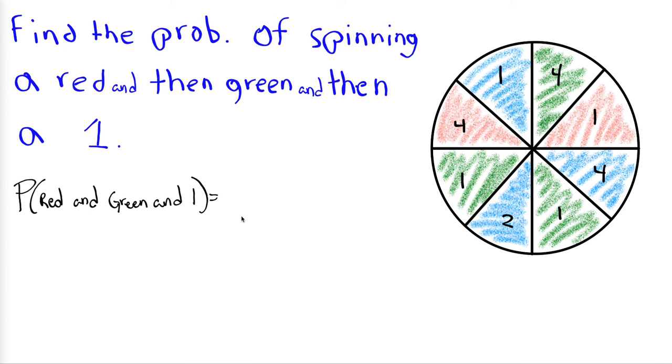Basically, everything is just kind of reset each time. Thank you. If you spun the spinner and then removed certain answers, then that would affect the next spin, and so that would be dependent for this situation. Okay, so that means we need to multiply each individual probability to find the answer.